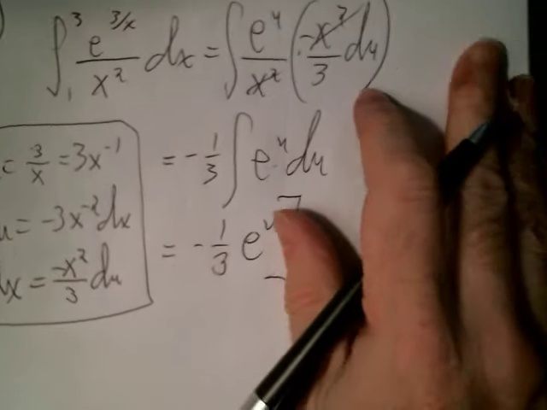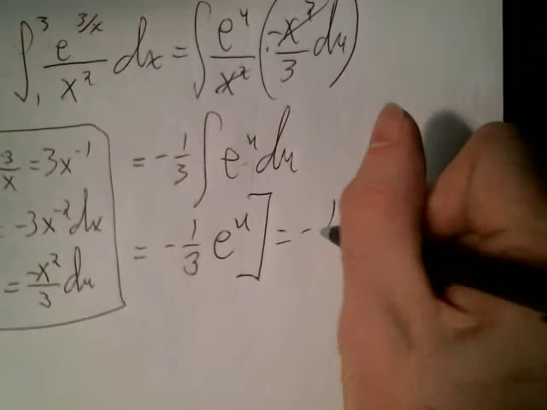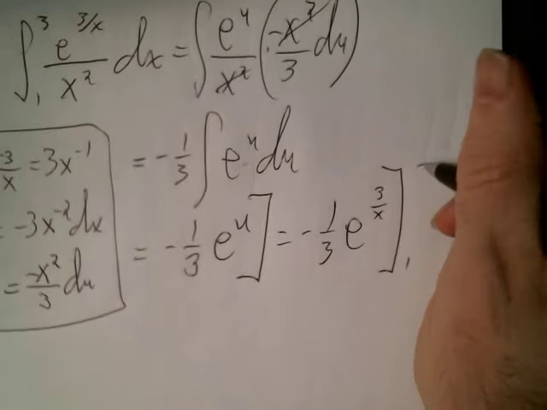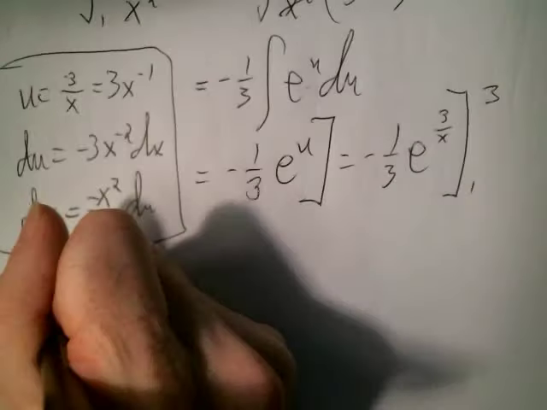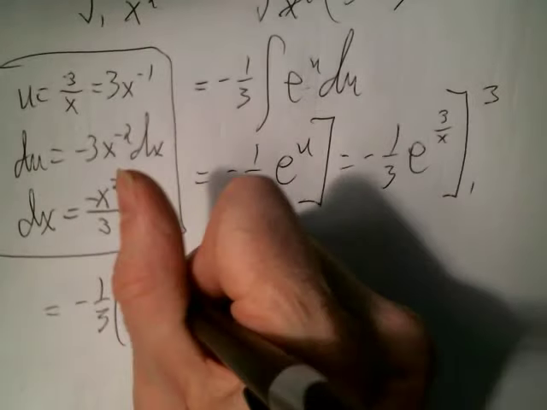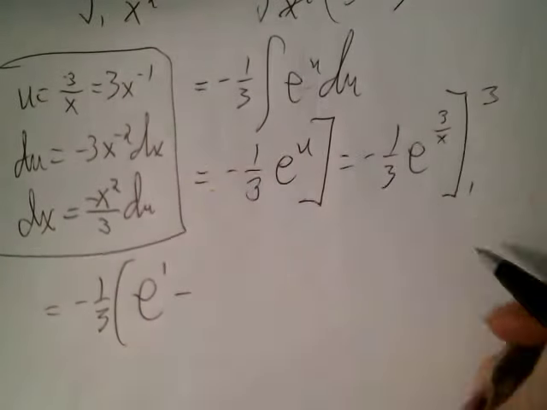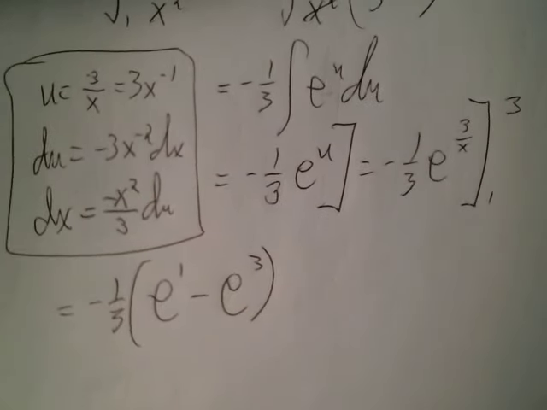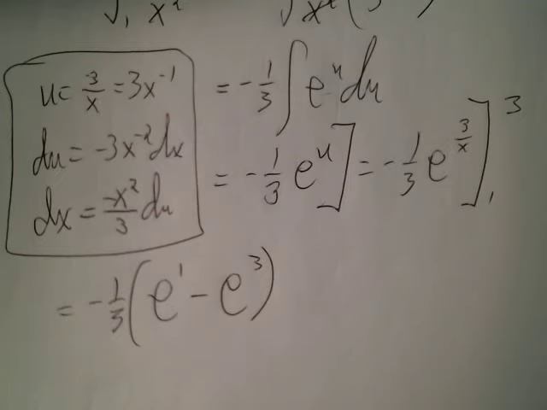I have to evaluate, but I have to back sub first. So negative 1/3 e to the 3 over x from 1 to 3. And so I get negative 1/3 times e to the 3 over 3, which is e to the 1, minus e to the 3 over 1, which looks like that. And then you go to your calculator and get an approximation for that.